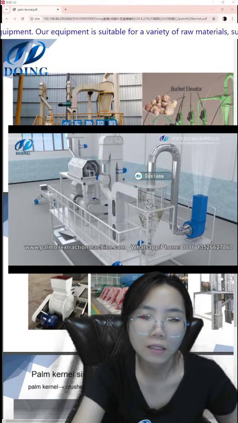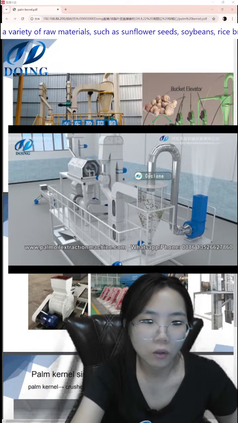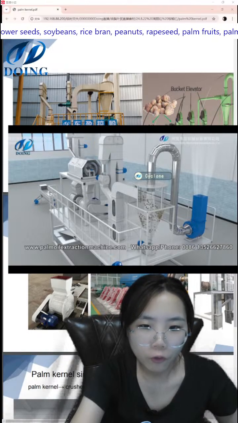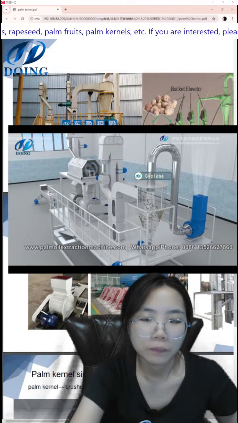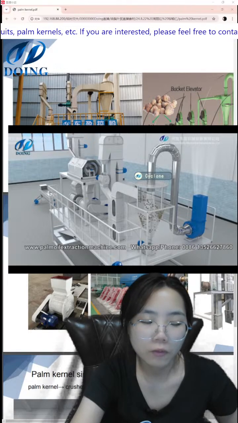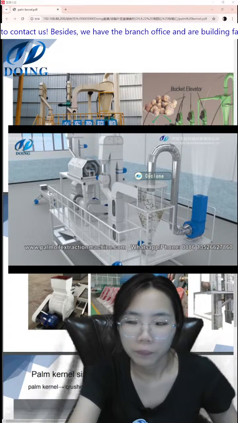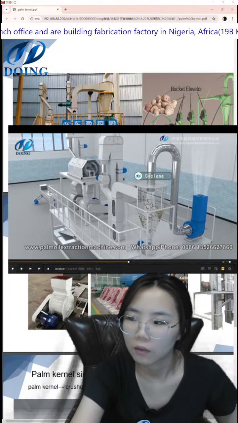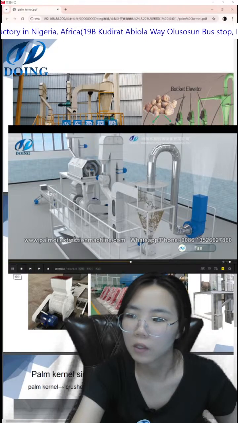The palm shell enters the cyclone to form a rotational downward force and falls down, avoiding being drawn away by the fan. We can see in this video.